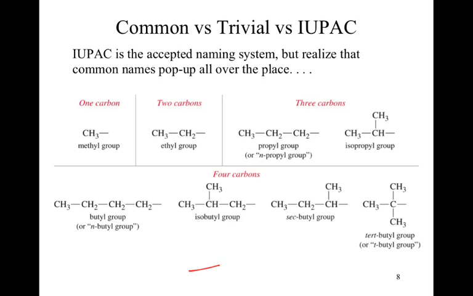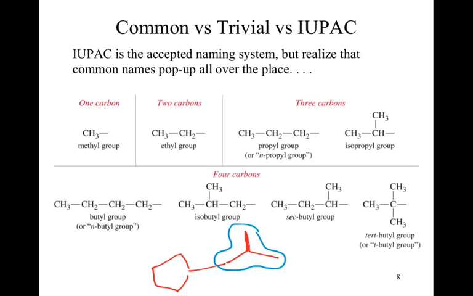So if we draw out what that substituent was, let's see, we had our 5-membered ring, and then we had 3 carbons, and then we had a methyl coming off at position 2. So what we're looking for now is what characterizes that piece.